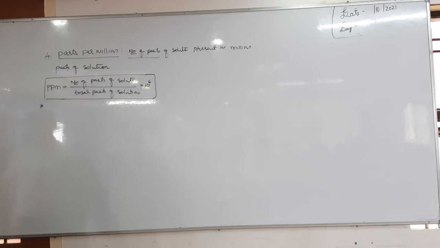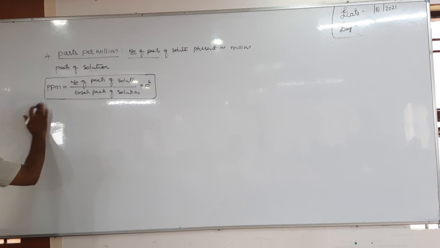Next point, hardness of water can be determined by ppm, parts per million.